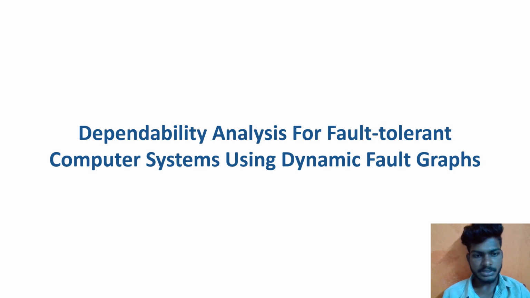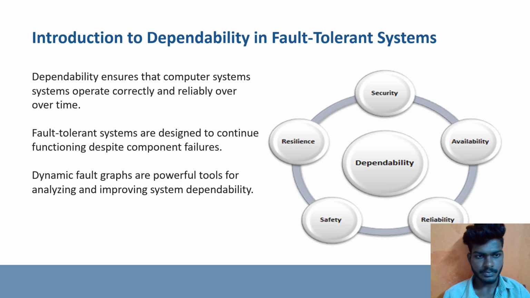Today our topic is dependability analysis of fault tolerant computer systems using dynamic fault graphs. Introduction to dependability in fault tolerant systems. Dependability ensures that computer systems operate correctly and reliably over time.